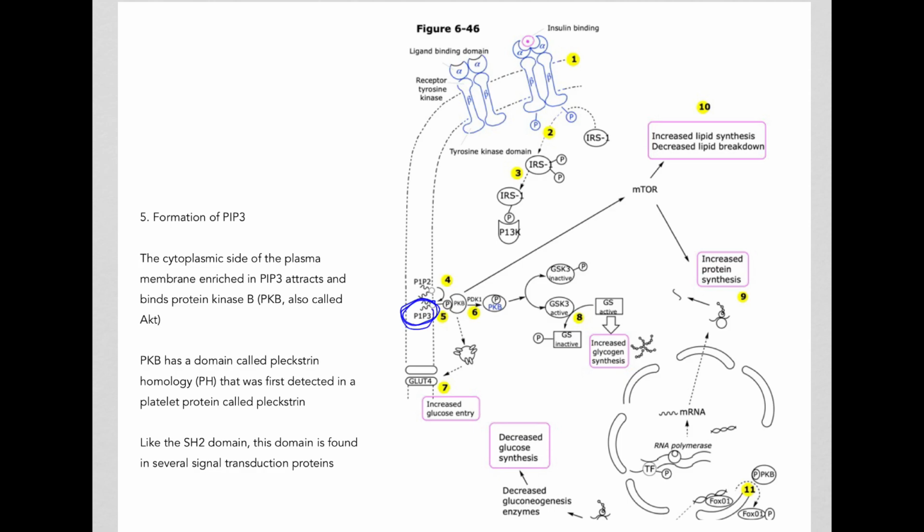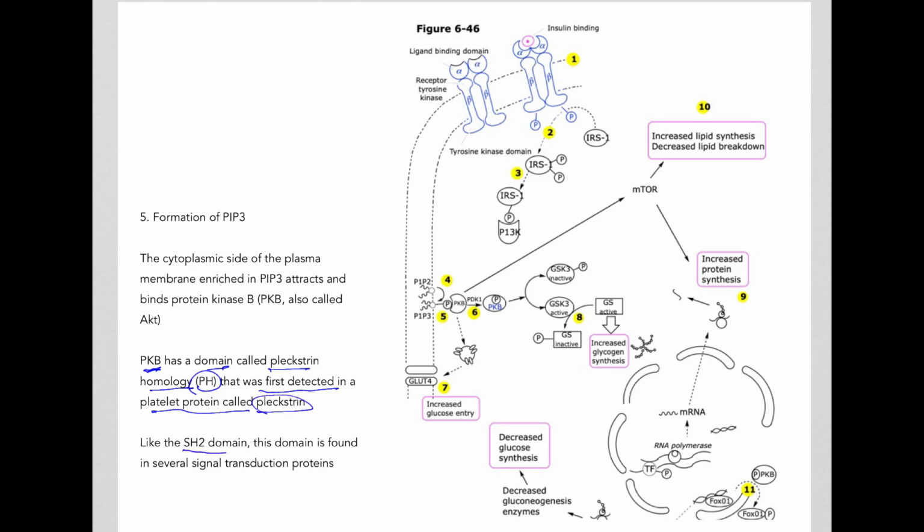And this PIP3 will now attract another enzyme called protein kinase B, PKB, which is also commonly referred to as AKT. Okay, so protein kinase B or AKT, same thing. PKB has a domain that is called pleckstrin homology, or PH, and this was first detected in a platelet protein called pleckstrin.